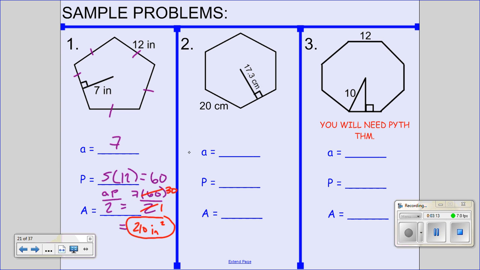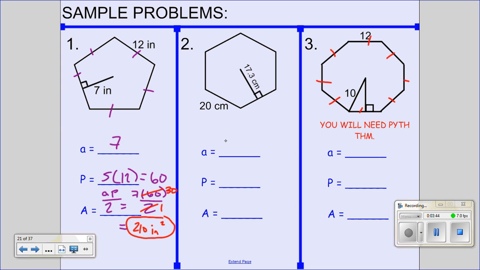You can complete number 2 on your own. I'm going to jump to number 3 because I'm sure you're going to need my help. On number 3, we have 1, 2, 3, 4, 5, 6, 7, 8. We have an octagon, and we need to find the apothem by using the Pythagorean theorem.